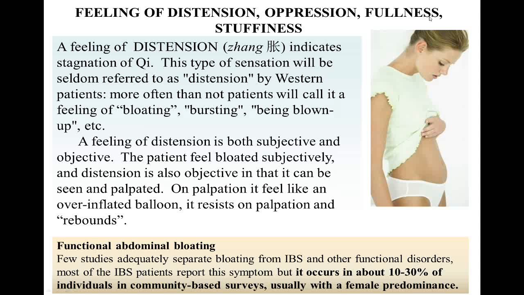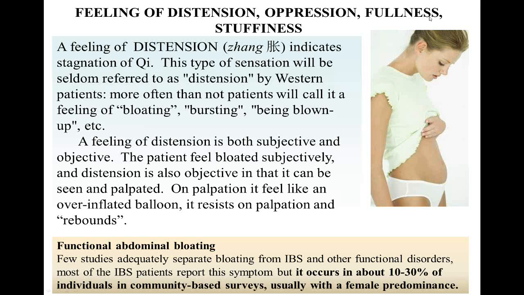And the first one is the famous distension, which we use all the time, which in Chinese is zhang, and you can see the Chinese character there, which means distension. Western patients in English-speaking countries would not usually use that word, but they would use the word bloating.